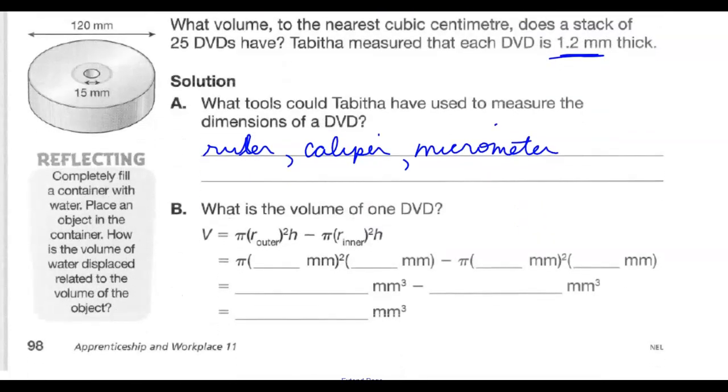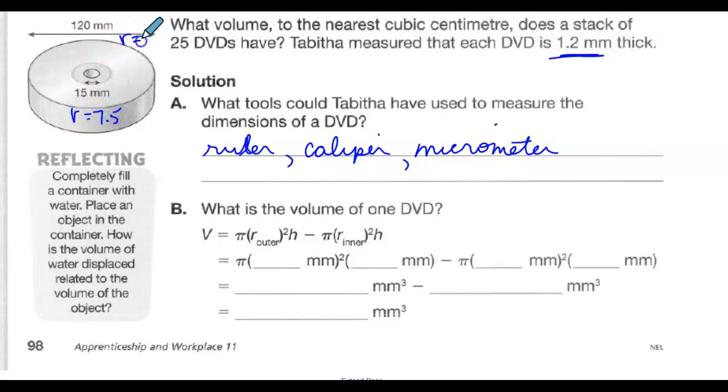Okay, so volume of one DVD. The diameter here is 120 for the outside. Remember, there's a hole in the middle, so that hole has a diameter of 15. So the radius there is 7.5.